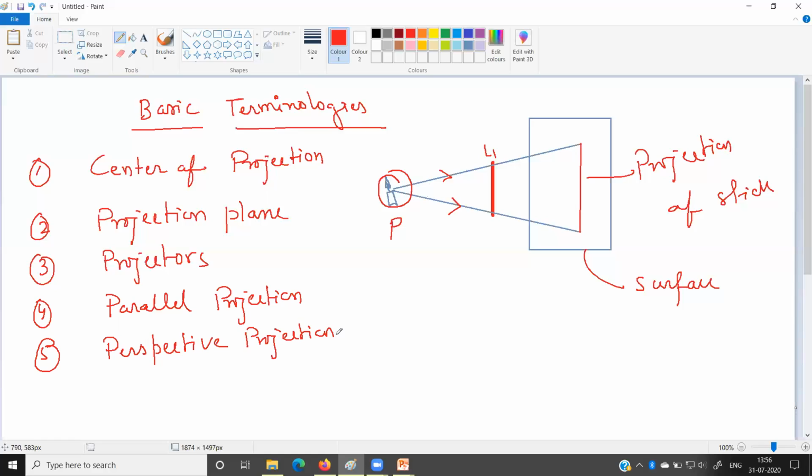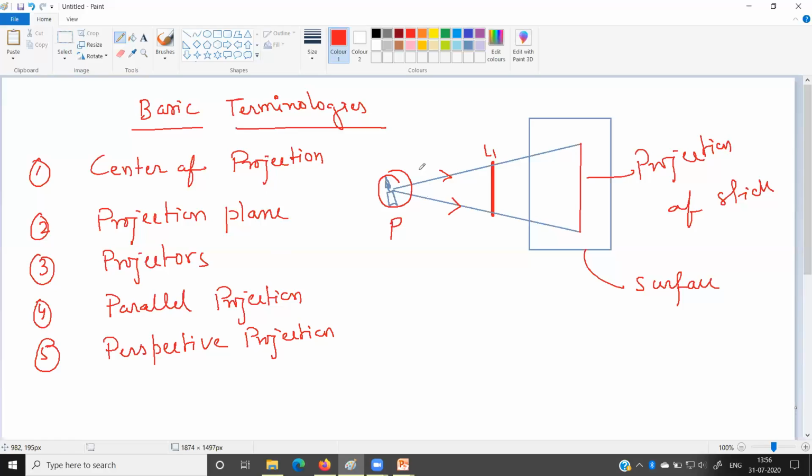Fine. Now in case of parallel projection, the coordinate positions are transformed to a view plane along parallel lines. Or in very simple terms, here you can see the projectors. These two are the projectors.